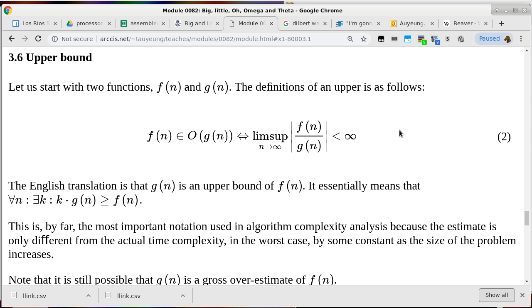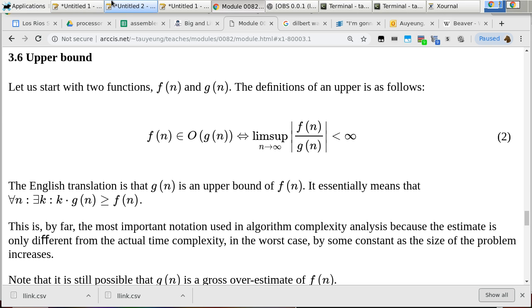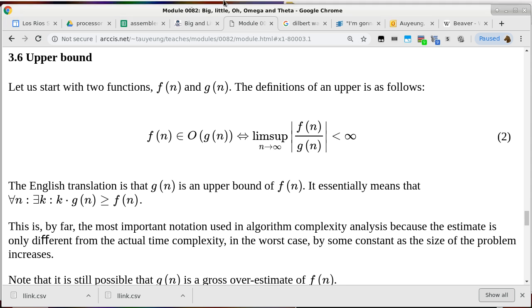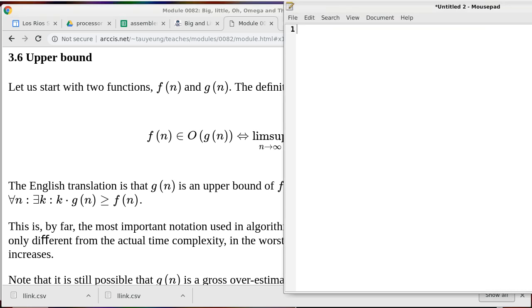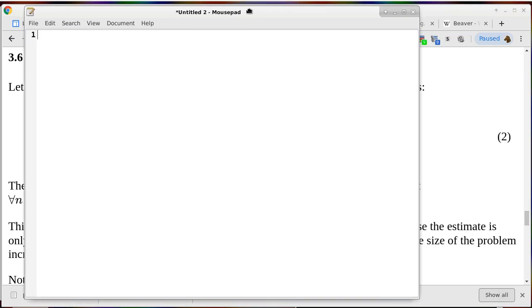Let's take a look at an example. And this one I think I can use Notepad. Let's see, do I have a Notepad here? Yep. I'll just get rid of this stuff. So we'll define f of n.